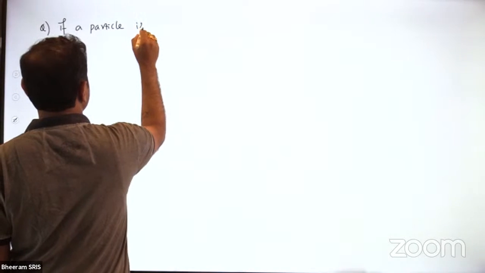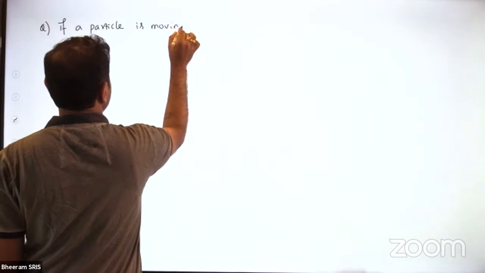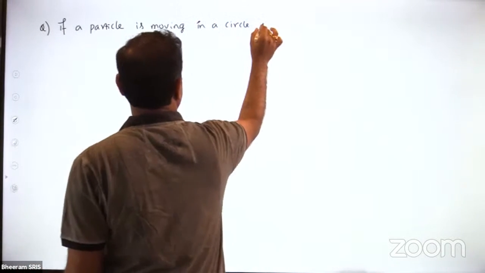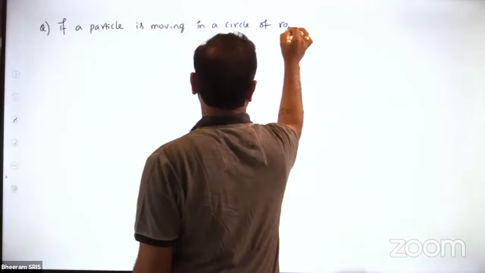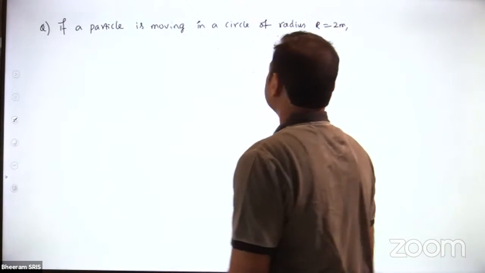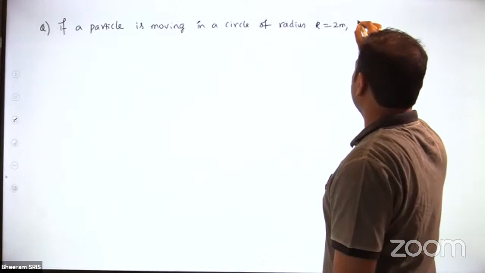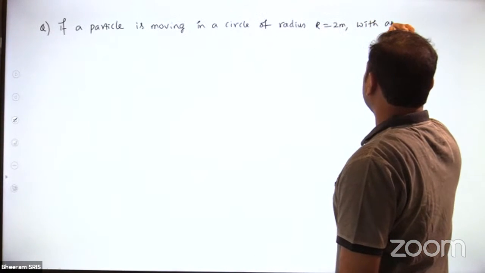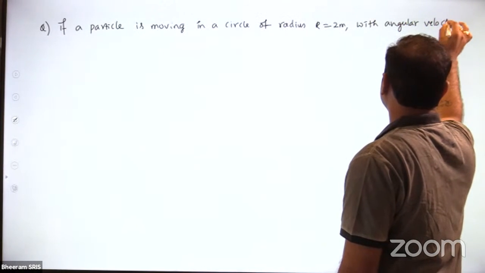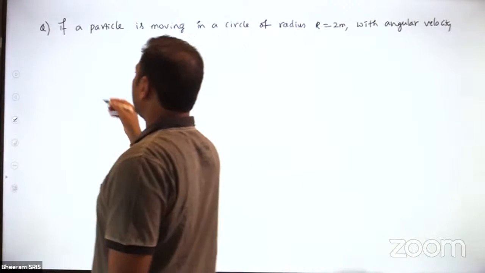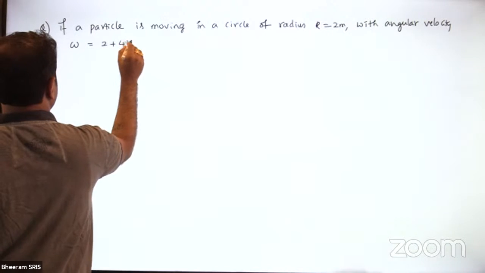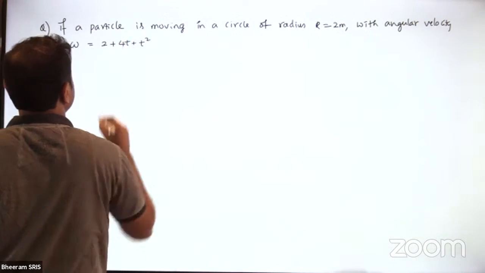If a particle is moving in a circle of radius 2 meter with angular velocity omega given as 2 plus 4t plus t square.